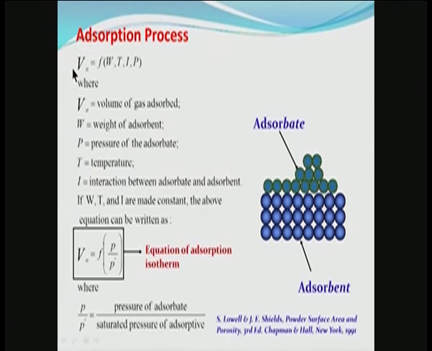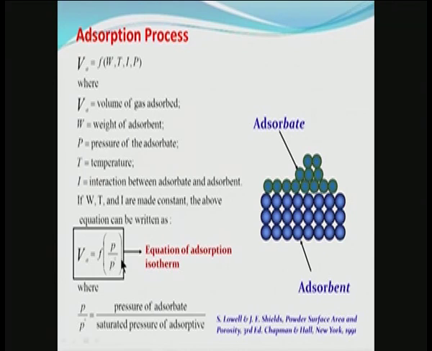So, the volume of the gas adsorbed is a function of all these factors, and if W, T and the interaction are constant, then the above equation can be written as the volume of adsorbate that is adsorbed is a function of P over P naught. P naught is the saturated pressure of the adsorbate, and P is the pressure at which the actual adsorption is done.